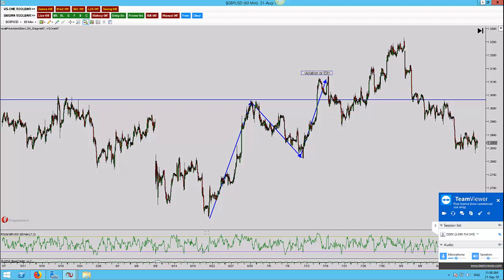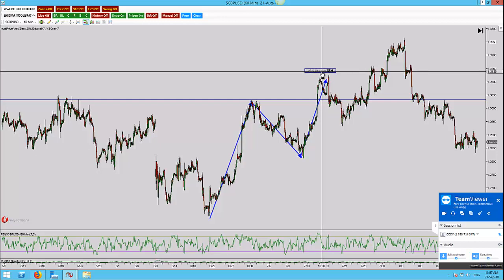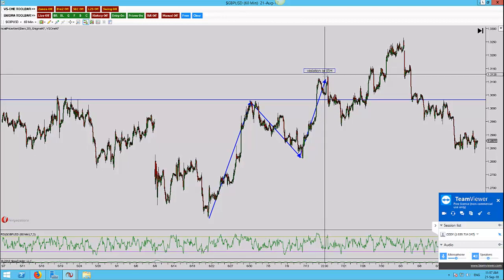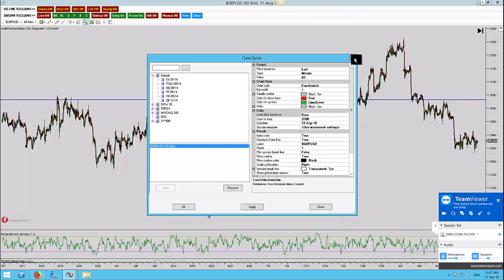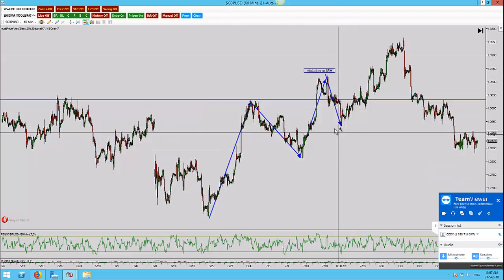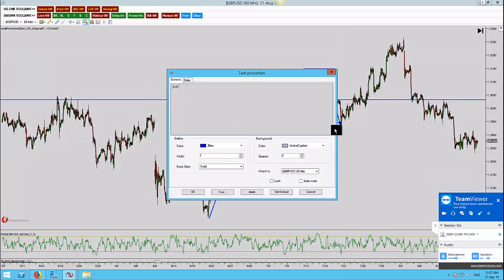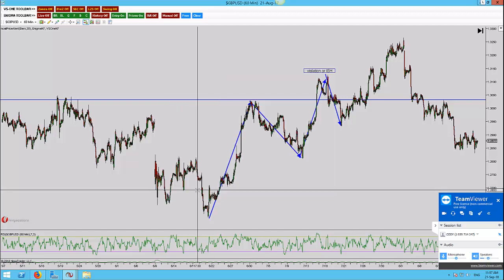So okay, we have a 3-point move, but because we've only just violated structure here, this is either a violation or an initial structure high. What happens then is that we see a pullback, and this now becomes a potential outside return.